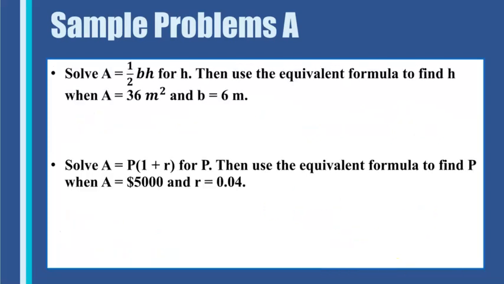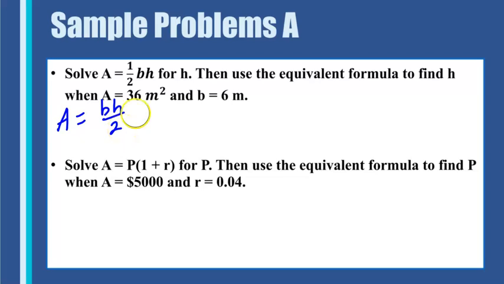Next, solve the area of a triangle for h, then use the equivalent formula to find h when the area is 36 square meters and the base is 6 meters. So I have area equals 1/2 base times the height. Need to get h by itself. I'm going to rewrite this a little bit differently. So I have area equals base times height over 2.